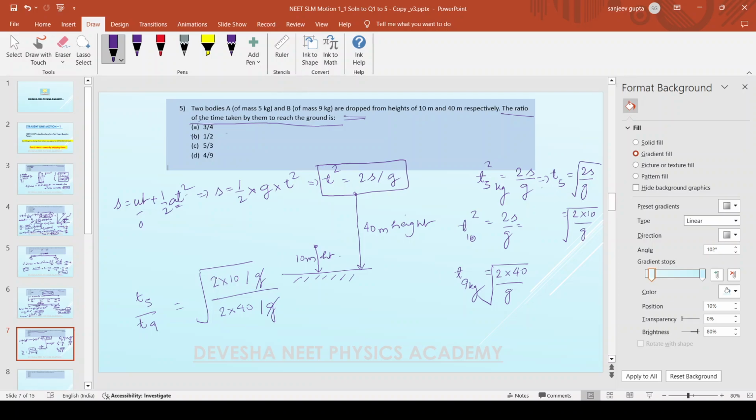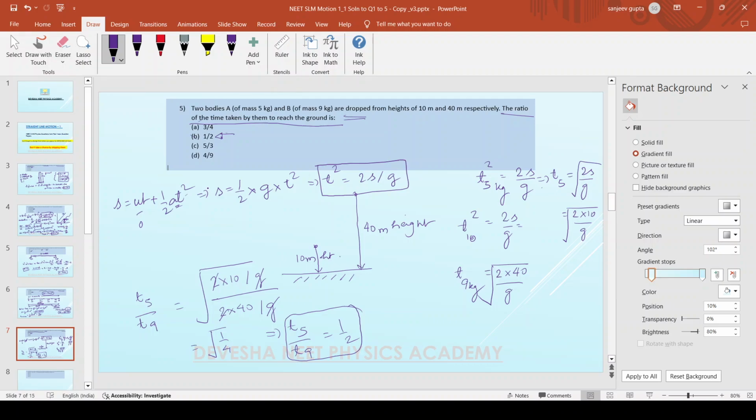So this is 1 by 4, and the root of 1 by 4 means t of 5 by t of 9 is equal to half. So the ratio of the timing is half, and this is the answer.